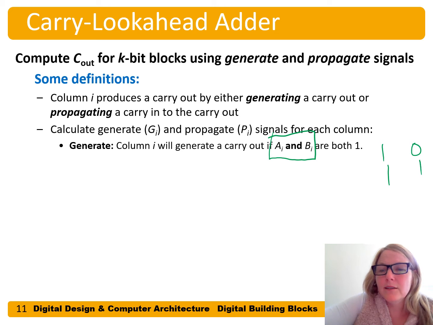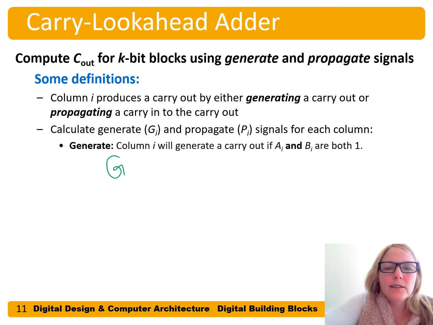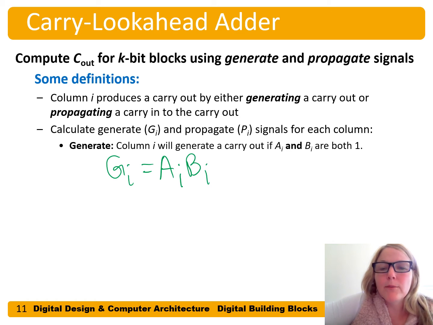This 0, 1 for A sub I and B sub I, this case does not generate a carry. That one depends on whether there's a carry in or not. Okay, so we can write that G sub I, the generate signal for column I, is equal to both A sub I and B sub I being 1. So A sub I and B sub I.